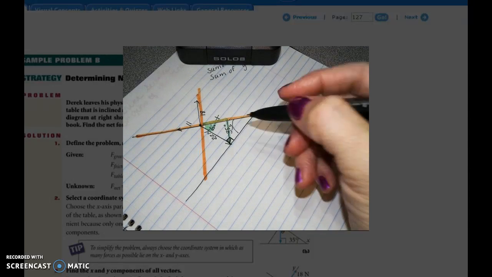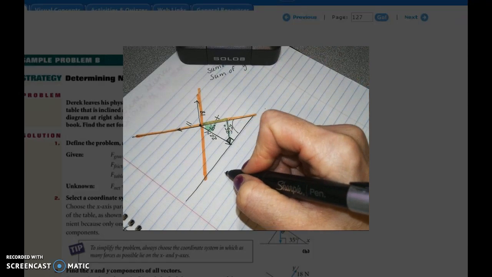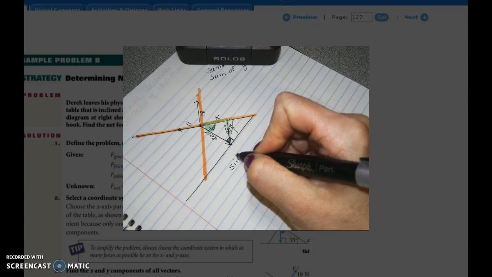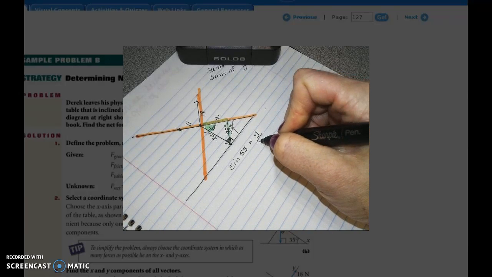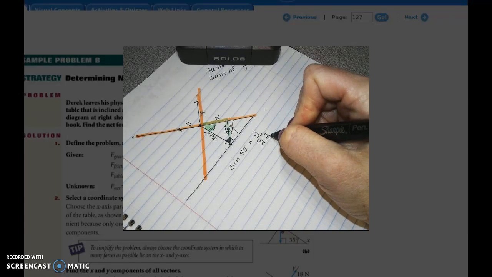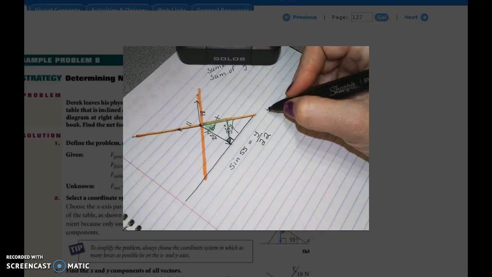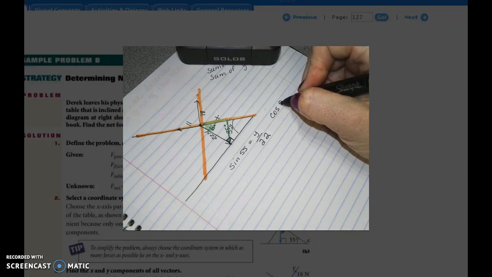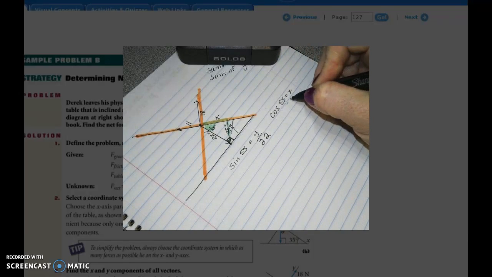So what I can do is opposite over hypotenuse, so the sine of 55 equals y over 22, and adjacent over hypotenuse, the cosine of 55 equals x over 22.